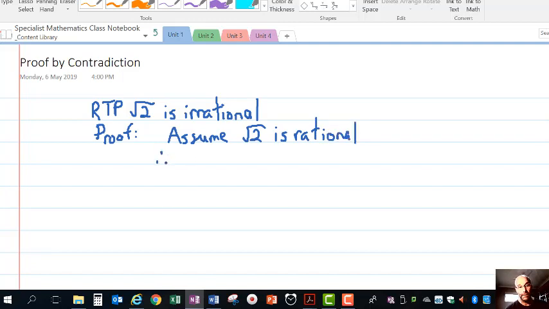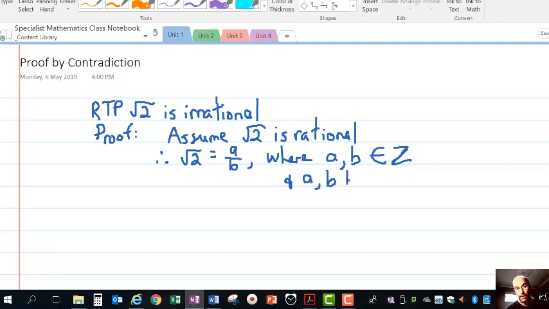That would mean that root 2 equals a over b, where a and b are integers and a and b have not any common factors, apart from one. And of course b cannot equal 0.